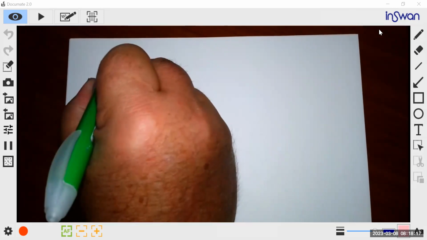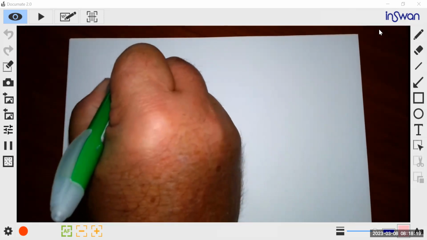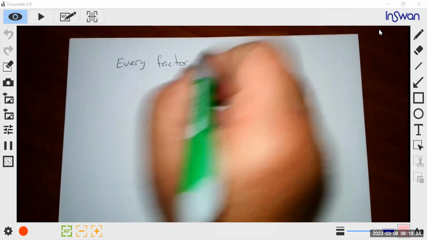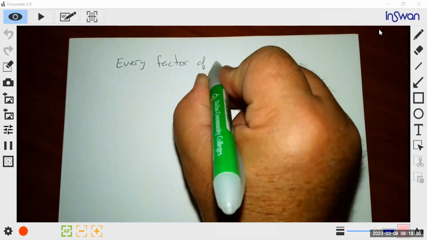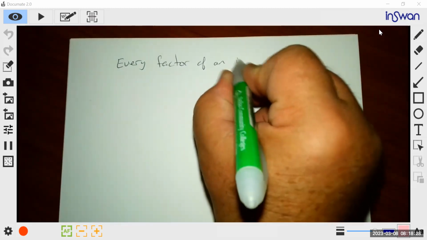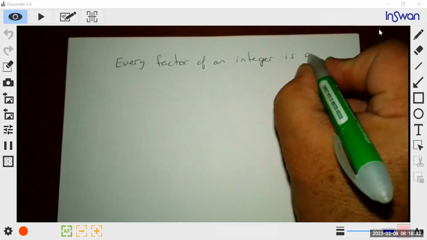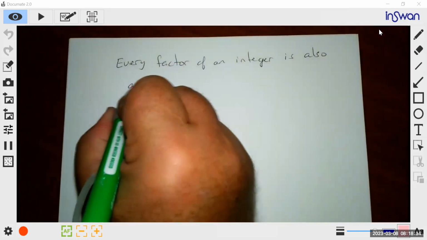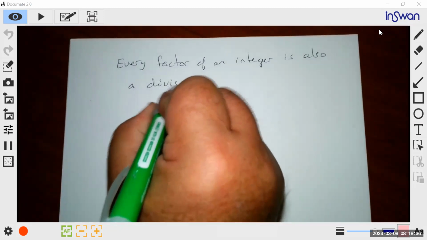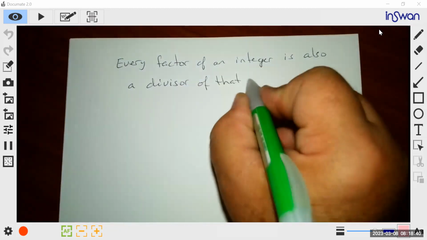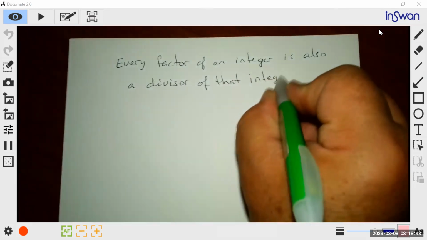This next part, we're going to talk about: every factor of an integer is also a divisor of that integer.